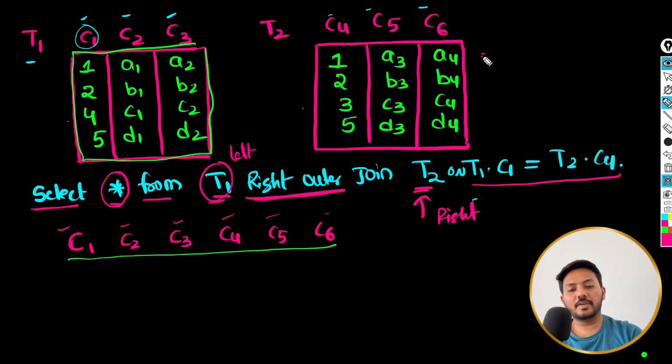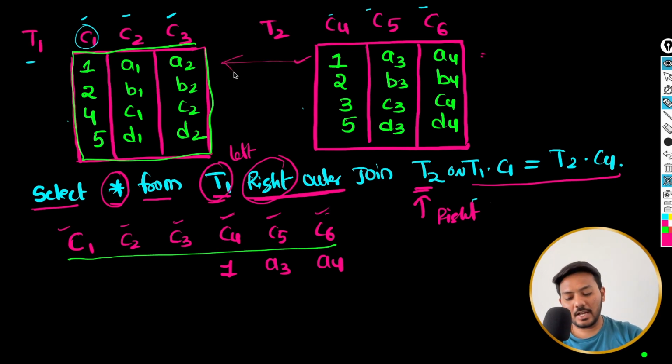So let's start with the first table, which is the right table, because we are doing a right outer join. It is self-explanatory, but I will explain how it will work internally so that everyone is on the same page. Now you have to go to the first record, which is 1, A3 and A4. If you remember, I am adding this in the corresponding column names, and it will find a corresponding value inside your table 1. Because 1 is present here, I am going to get these records here, 1, A1 and A2.